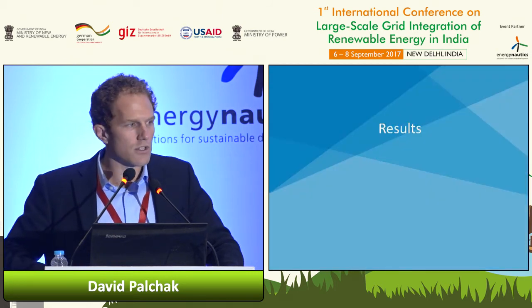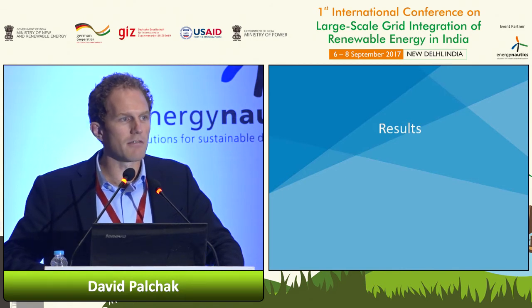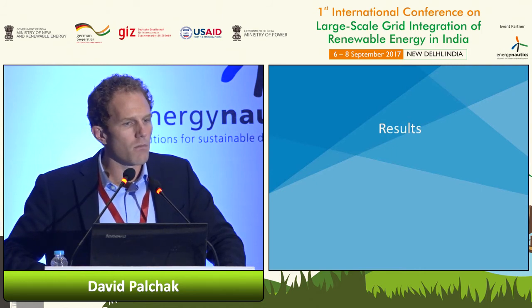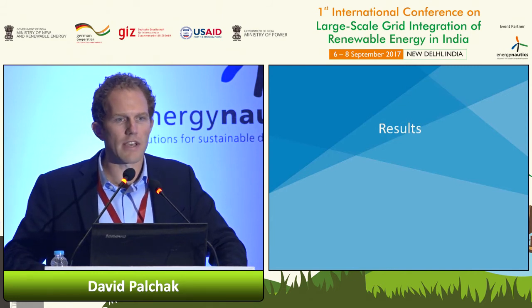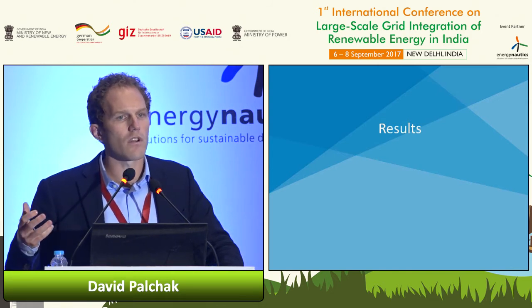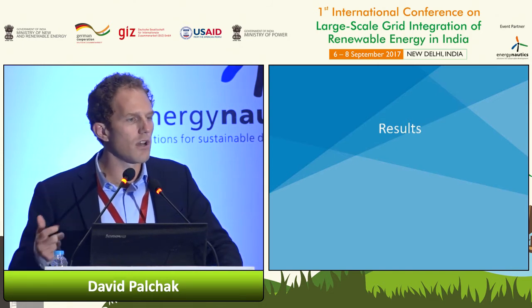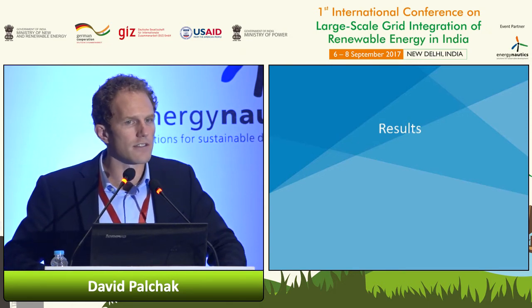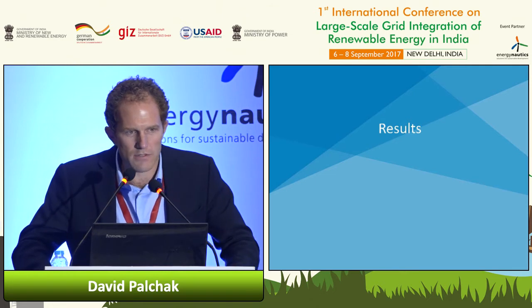So before I get into the results, I just want to take a second to think about the amount of detail that we put into the model and what we can actually pull from these models. So, in the national study, which is a report that was already out in June, we made some simplifications about the transmission system, and we have a lot of confidence in the numbers that came out of that, and the annual numbers and the annual impact that we can look at and how that might affect the central level operation of the system.